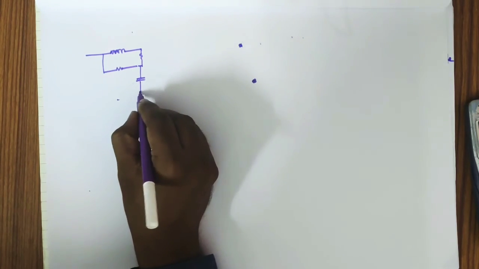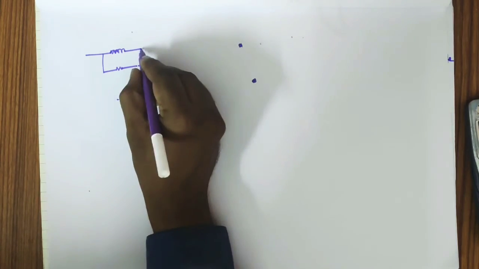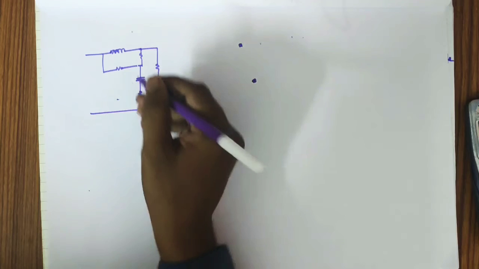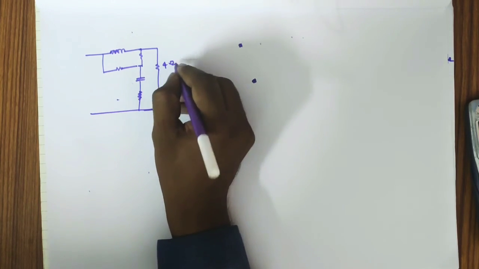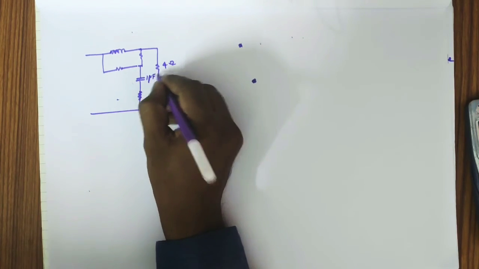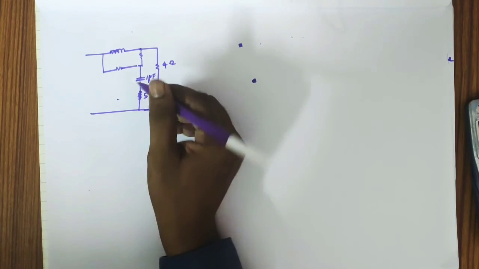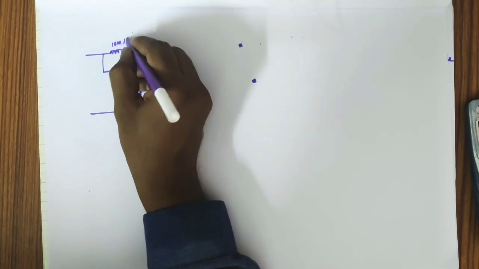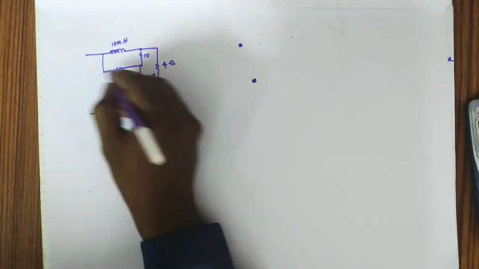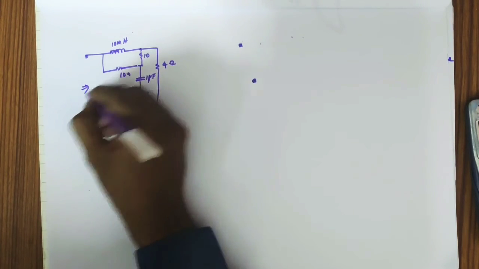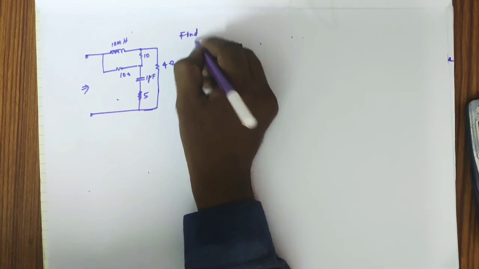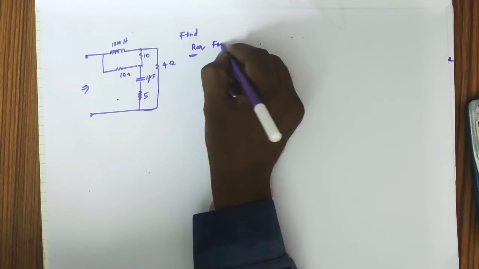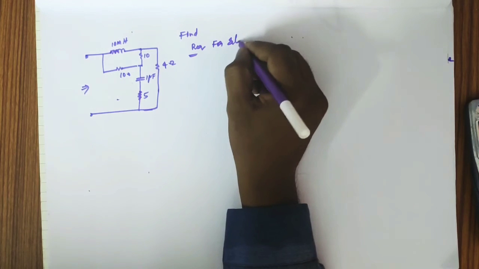The question is like this: for the students who have completed transients, this is very easy, but for the students who have not yet done transients, it will be difficult. This is 10 ohms. The question is, find R equivalent at steady state.